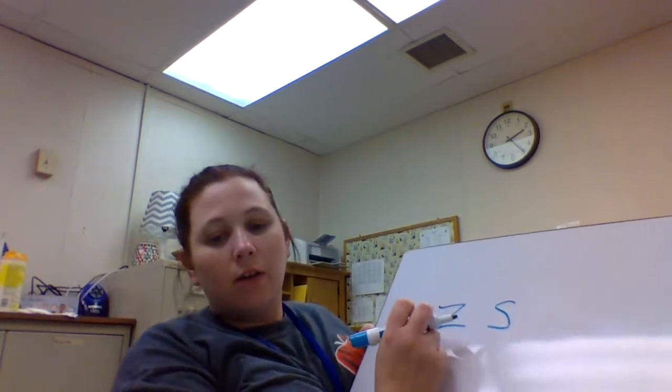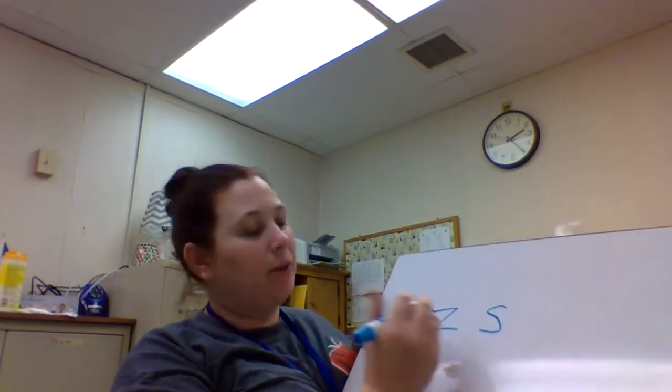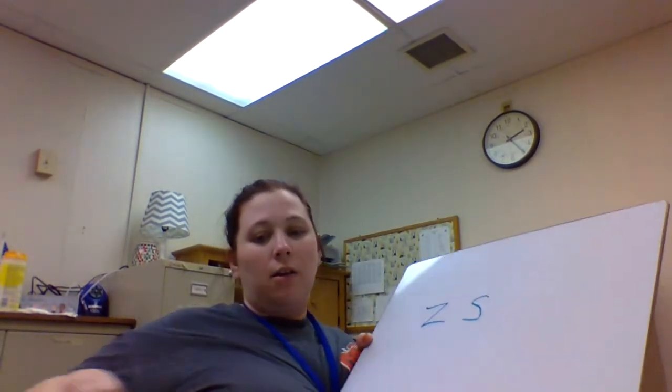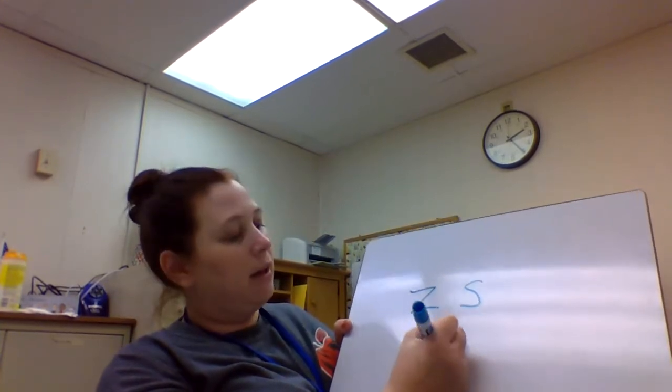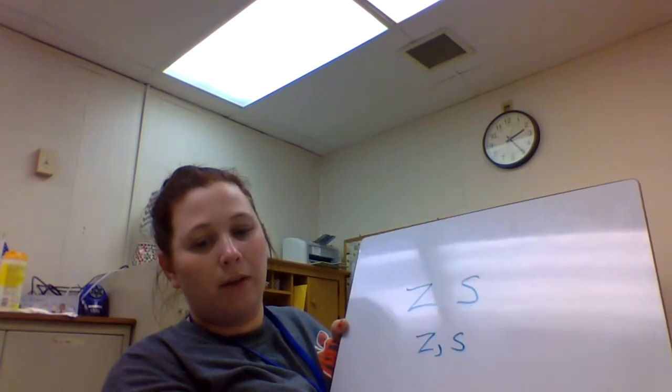It can be Z or S. Z and S both make the Z sound, but it's not Z-S. We need something to separate them that tells us that there's different spellings. So when we're coding, we can put Z, comma, S. And that shows us there's kind of a pause in between there.